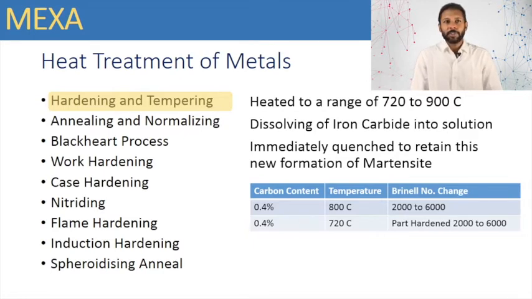In this condition, steel would be fully hardened, that is, fully martensitic. Choosing a temperature lower than the above, but not lower than 720 degrees centigrade, and then quenching will produce a partly hardened steel having a Brinell numeral between 2000 and 6000.